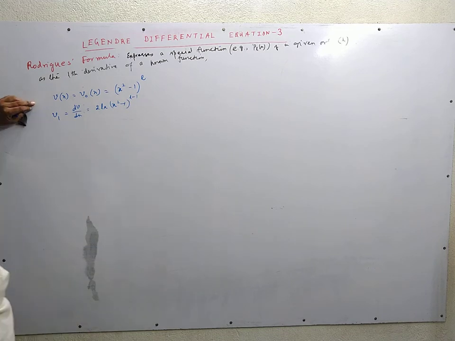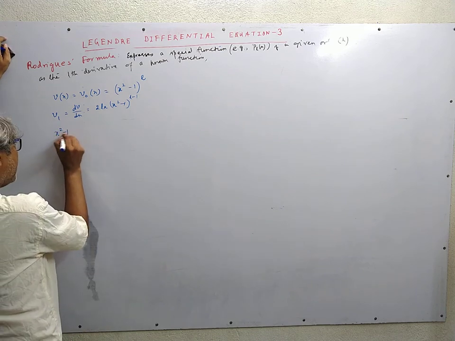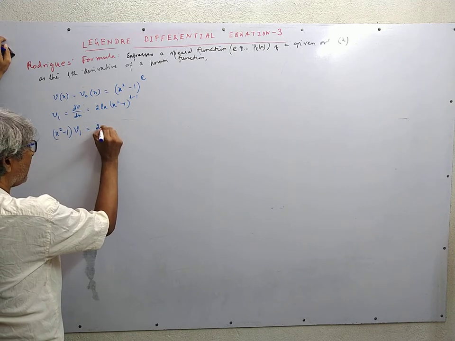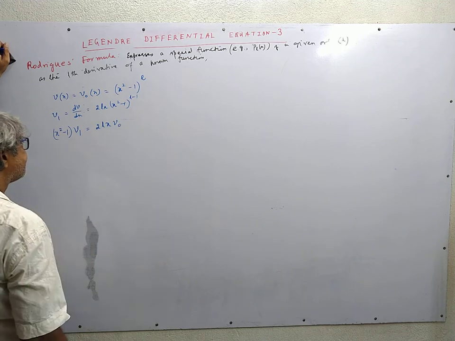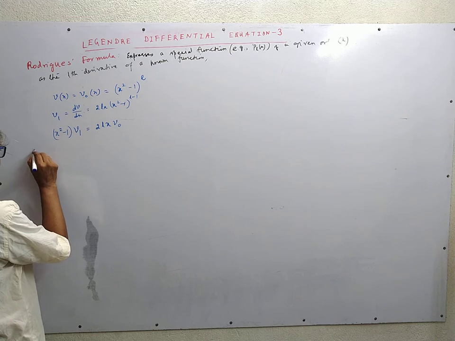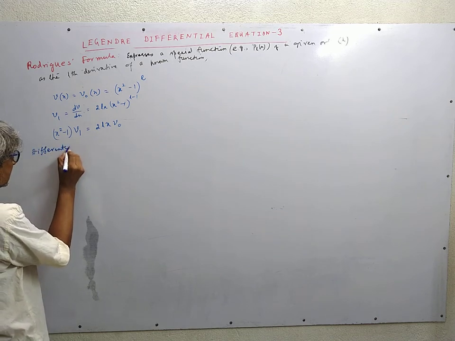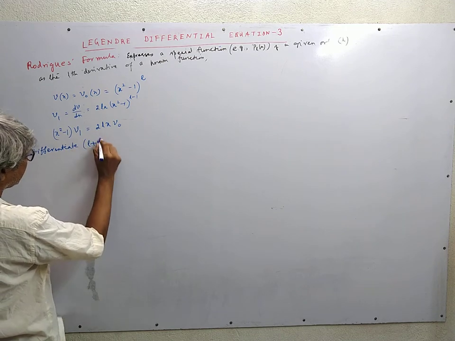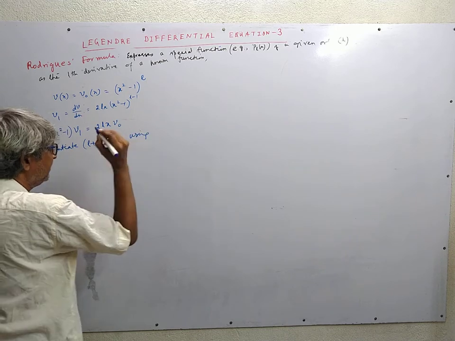We multiply both sides by x square minus 1, so we get x square minus 1 times V1 is equal to twice L x V0. Now we differentiate this L plus 1 times, successive differentiation using Leibniz rule.